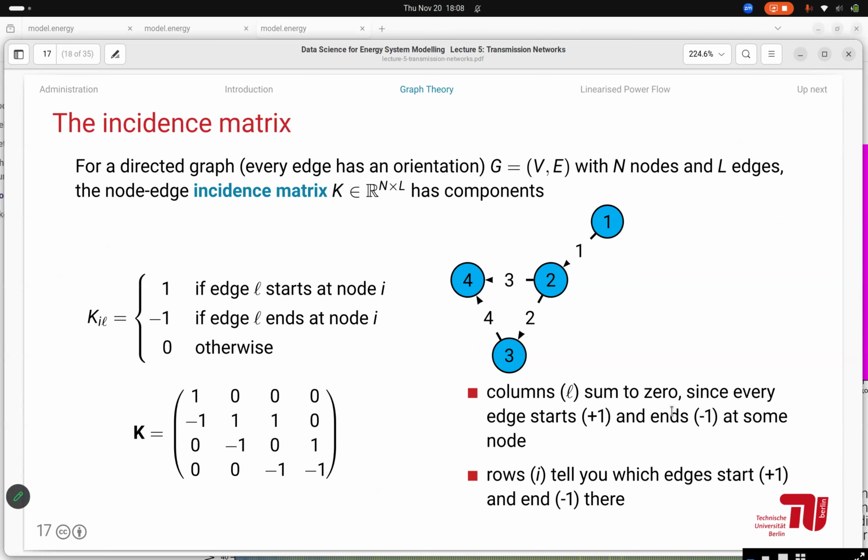We formulate this incidence matrix that tells us for every line where it starts and where it ends, at what node it starts and where it ends, namely a value of 1 if the edge L starts at node I, and -1 if it ends there.